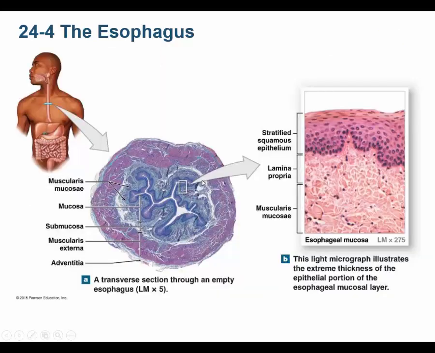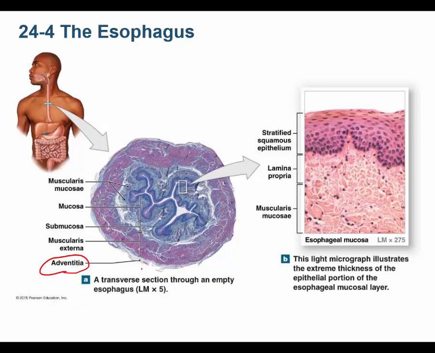All right, the esophagus. The esophagus has four tunics, like I mentioned in the previous part, and that's the mucosa, submucosa, muscularis externa, and serosa. The serosa here is called the adventitia. That's another name for it, by the way, or you can actually call it the parietal peritoneum. Now, however, this is not the peritoneum because this is up in your thoracic cavity, but this is not pleura either.